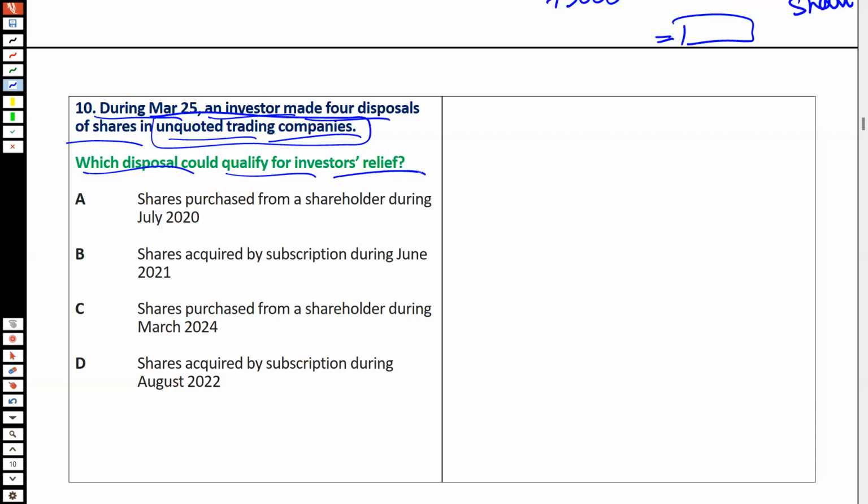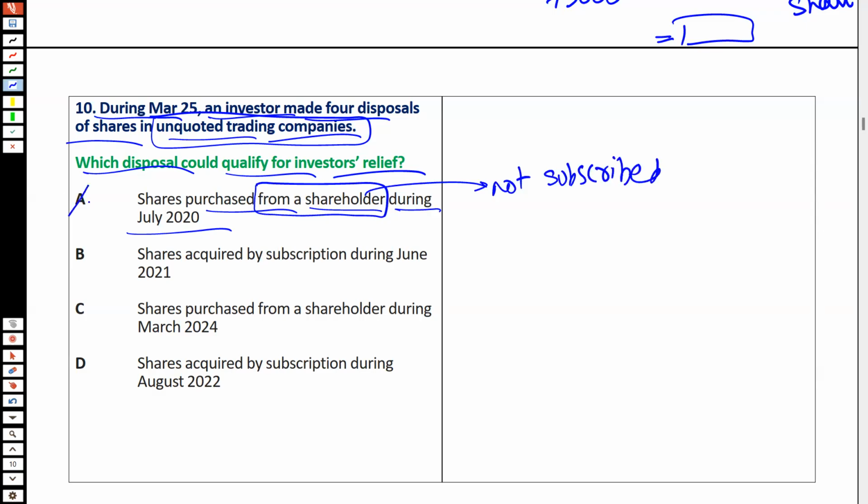Which disposal qualifies? Shares purchased from a shareholder during July 2020. Purchased from a shareholder means these shares are not subscribed. Hence, no investor relief.